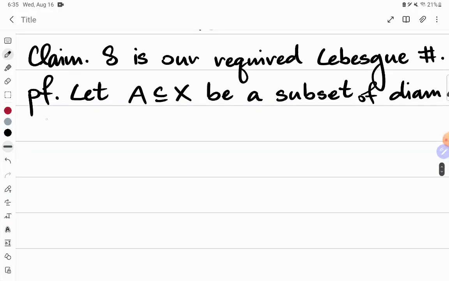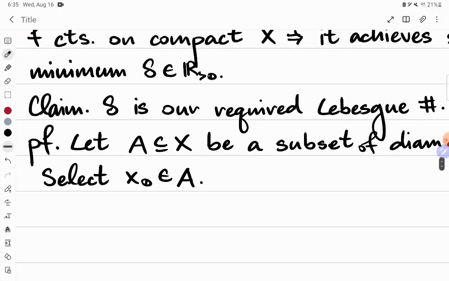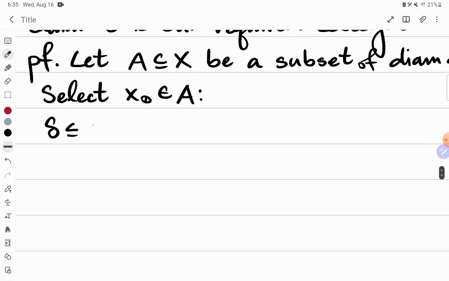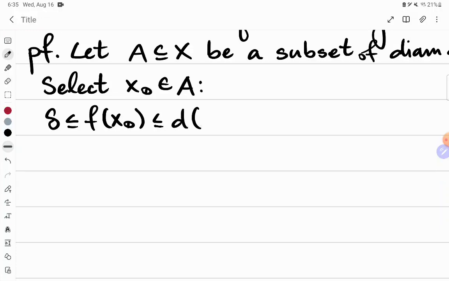So choose some x naught in A. And no matter what x naught is, no matter how A was chosen, because delta was the minimum value that f takes on, we have that delta is less than or equal to f of x naught, which is less than or equal to the distance of x naught to C_m, this one holding with equality if x naught happens to be the point such that f achieves its minimum upon evaluation.